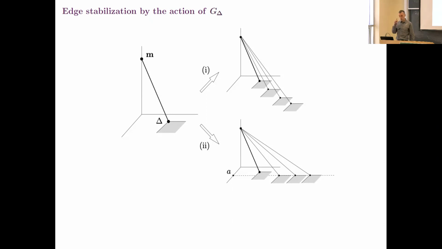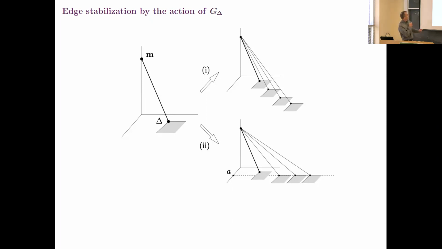We have this group which acts on the face, which I denote G delta C. And I said that I have a splitting of this group in a part which acts on the edge, and a second part which acts on the face minus the edge. Why do I have this splitting? Because of the stabilization of the face, I mean, the choice: you start with any adapted coordinate system, and the stabilization goes as follows.